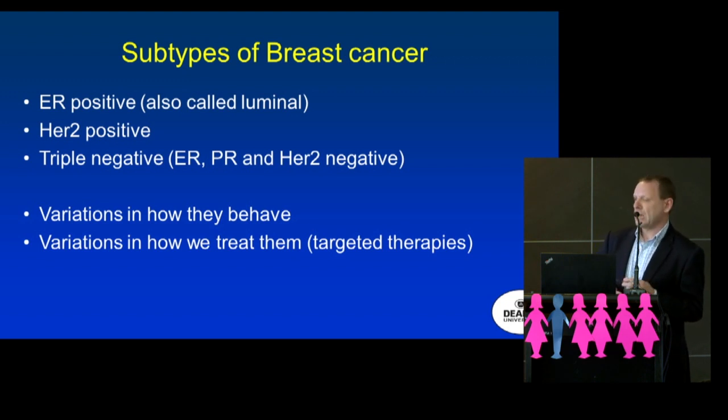The next most common group is the HER2 positive. On the outside of these cancer cells, there are HER2 receptors. And we don't really know what HER2 does in the rest of the body. We don't know what it's there for. But we know that about 1 in 5 breast cancers have this second on switch that may be there, as well as the estrogen. The estrogen may not be there, but that HER2, if it's on, is a superpower, if you like.